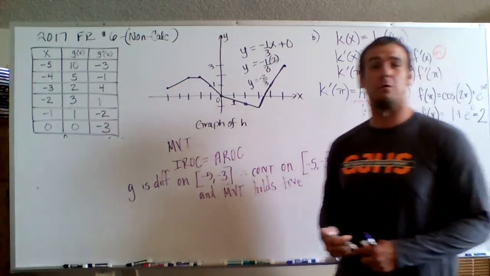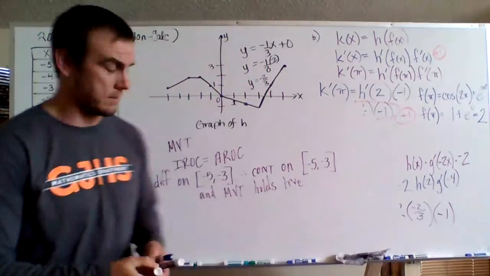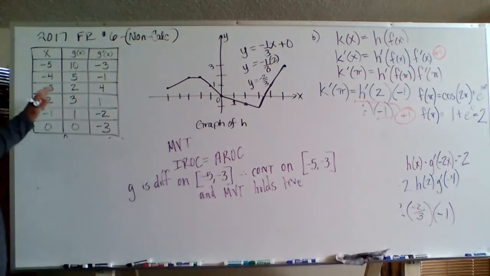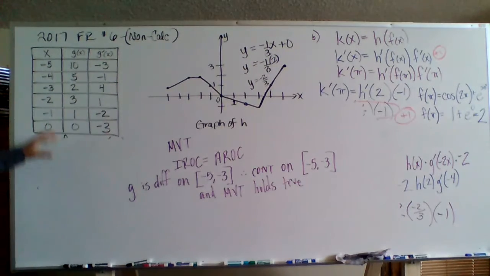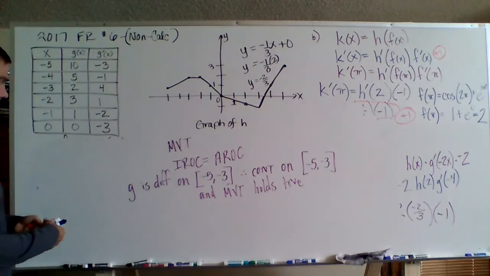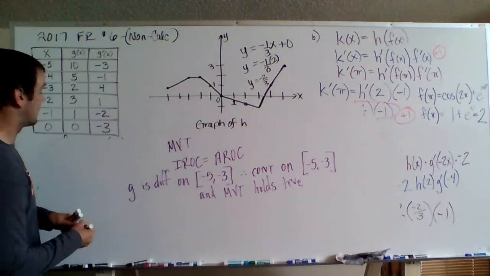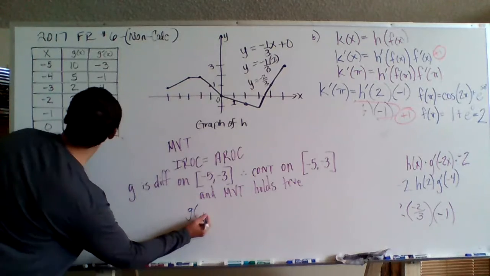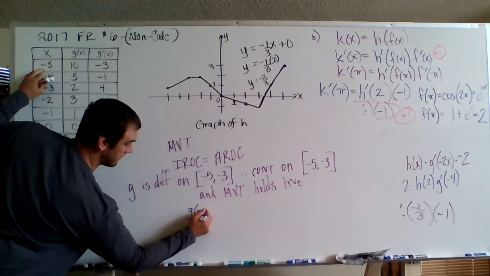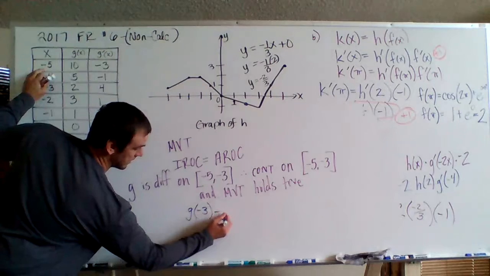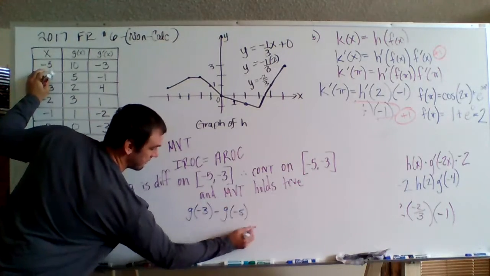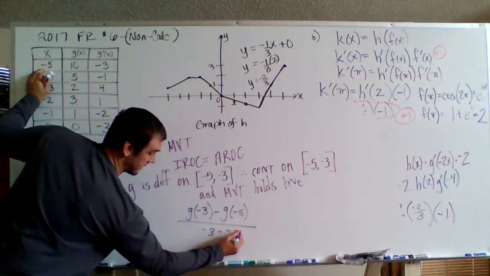Okay, so now we really want to talk about the IROC equals AROC. So we're talking -5 to -3. Okay, so sometimes you're going to have to do smaller intervals if our major interval doesn't end up equaling the value we need. So for when I do this, I'm going to start with G of -3 minus G of -5 divided by -3 minus a -5.